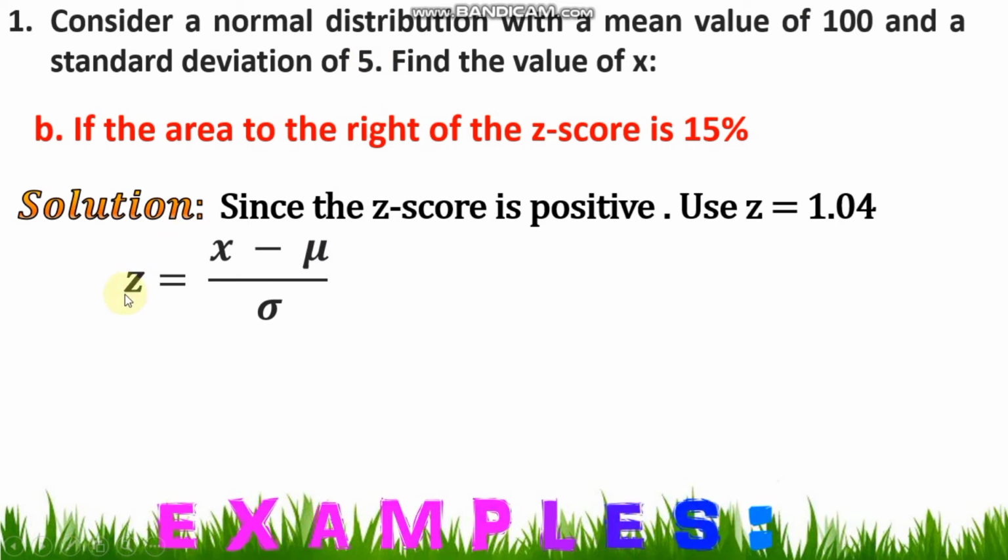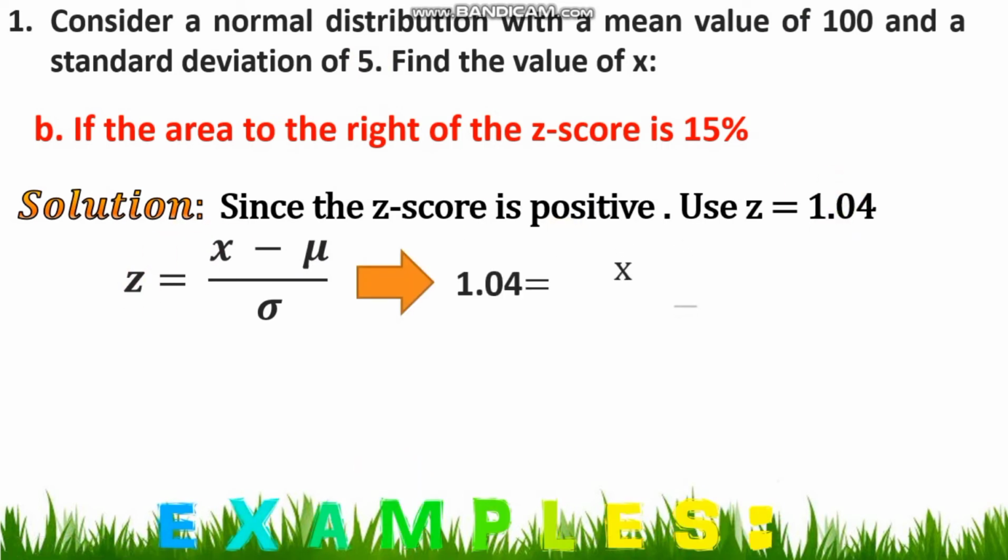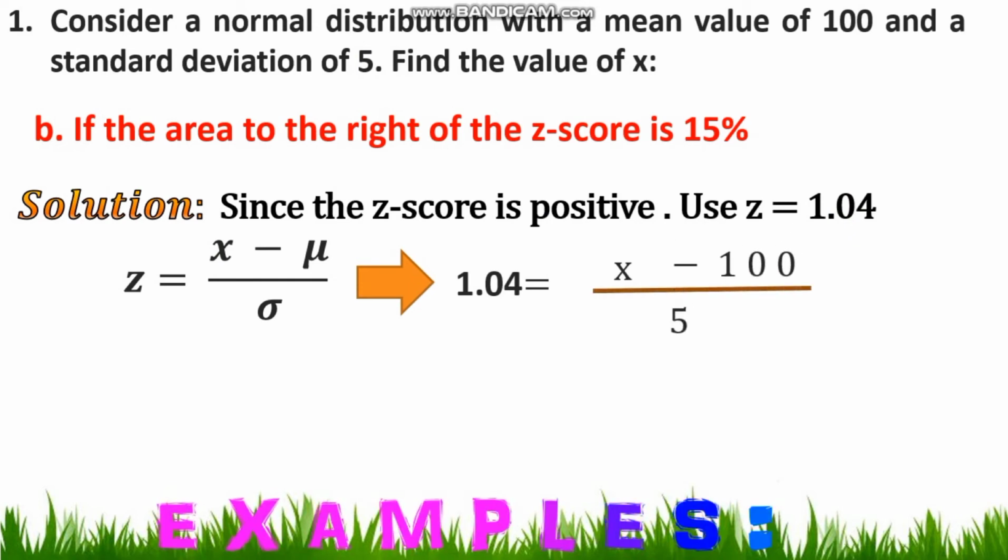Your z is 1.04. So, simply substitute all your given now into the z-score formula and simplify. You can multiply the whole equation by 5 or simply cross multiply. If you cross multiply, 5 times 1.04, that is equal to 5.2, that is equal to x minus 100.